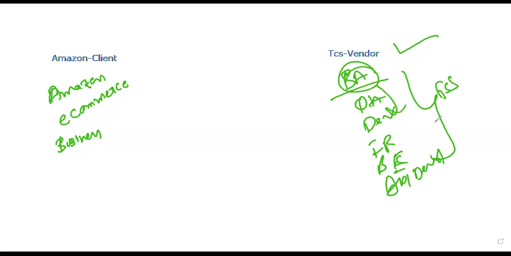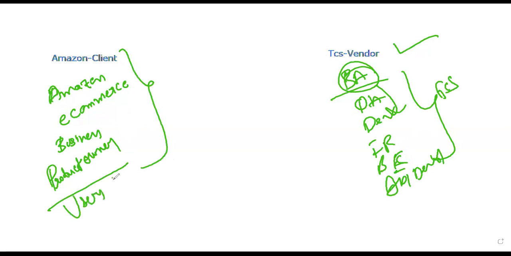Understood? Now, there is something called the product owner. The product owner will always be from the client side, or the user side. Now, as a BA, what are your roles and responsibilities?